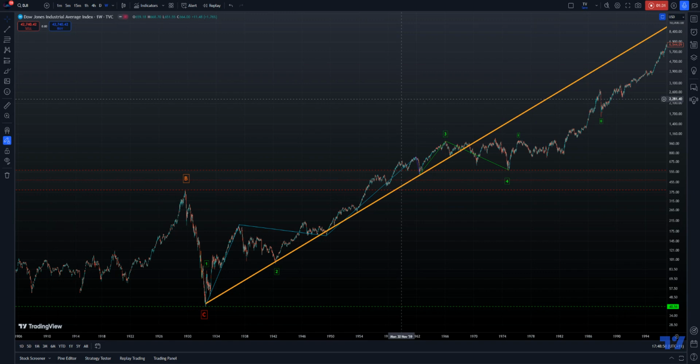But before I get there, I want to highlight a couple of things on this chart, right? So I suppose the first thing is the Great Depression. The Great Depression, in my opinion, still seems to be at this stage that it was a C wave, right? Just a large, massive crash, a C wave, one of the biggest in history.